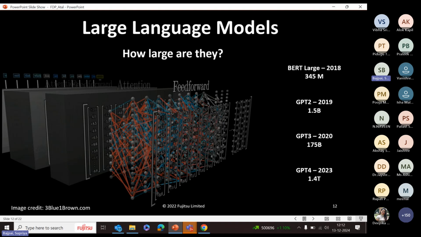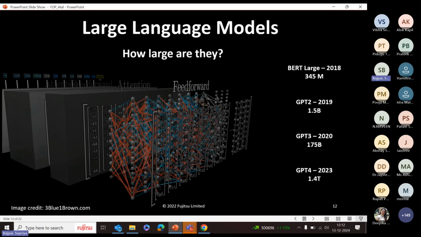Now, how large are these large language models? If you look at BERT Large, which was introduced in 2018, it had 345 million parameters. Then came GPT-2 in 2019. It had 1.5 billion parameters. Then GPT-3 came in 2020.